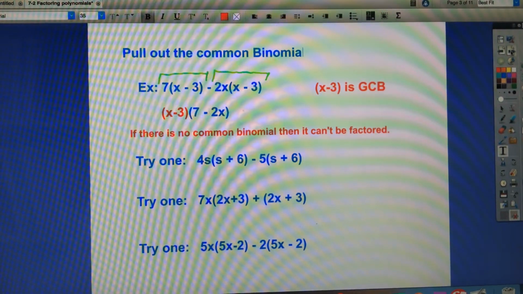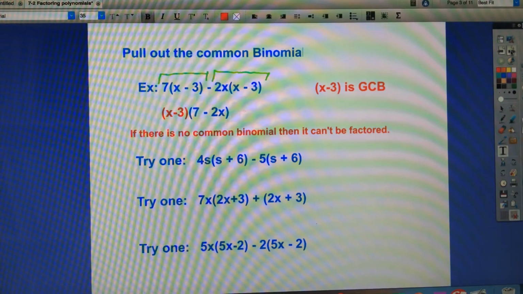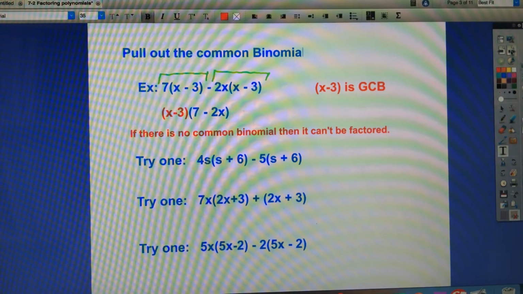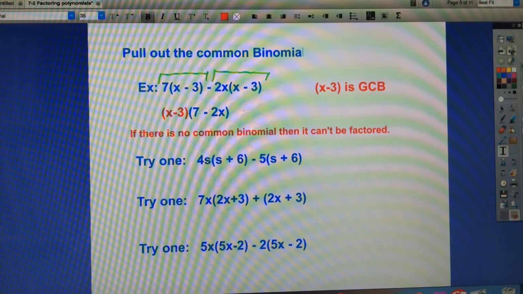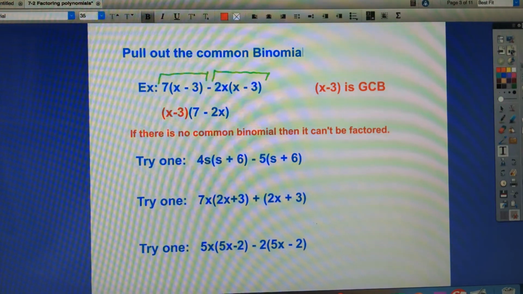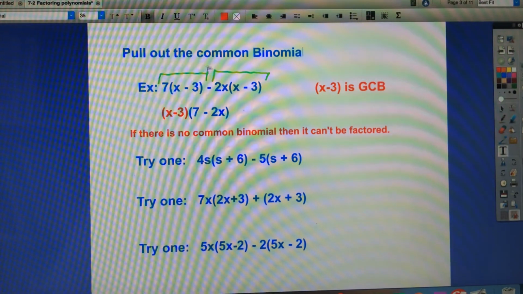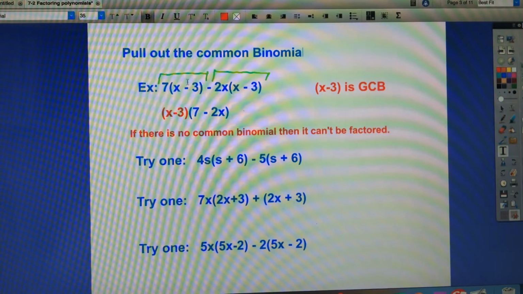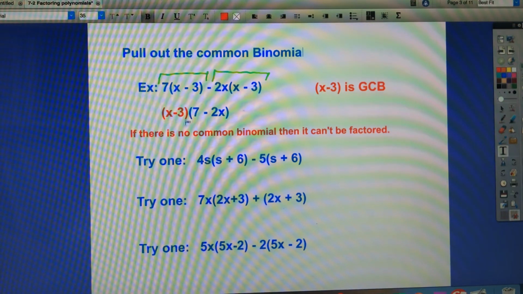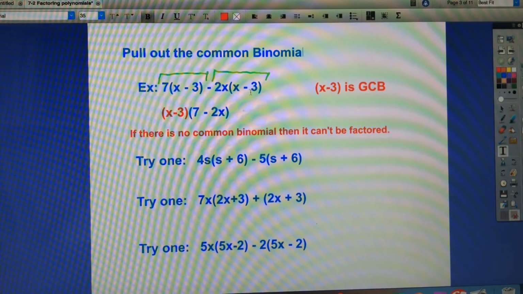What happens here if I pull out a common binomial? In this case, I have 7 times x minus 3 minus 2x times x minus 3. Well, what's common, this whole left side is one term. Therefore, I can take x minus 3 out because it's in both.